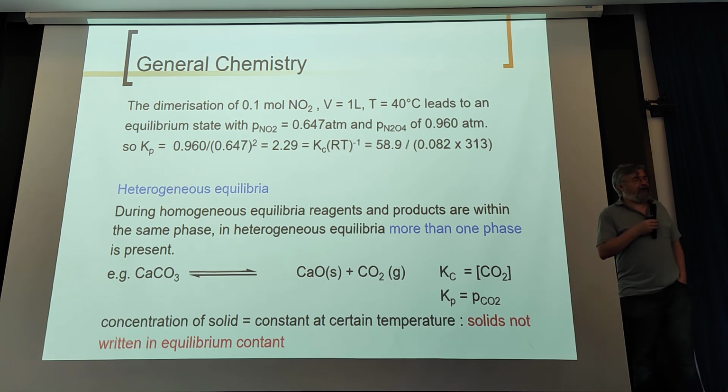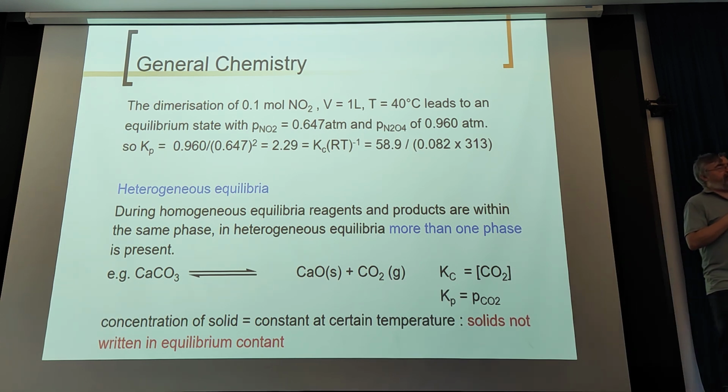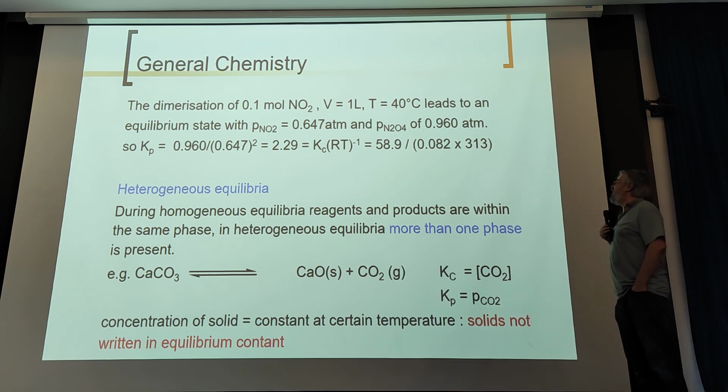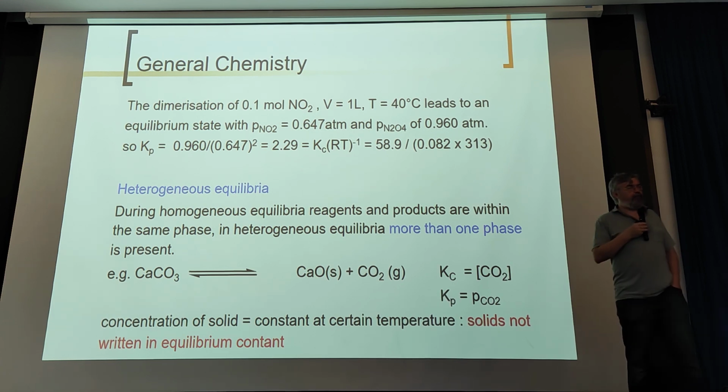But we could also have calculated that from Kc by dividing by RT, because you see that we actually are losing 1 mole of gas in the dimerization. So delta n is minus 1, so that means we divide by RT. So we divide by 0.082 and 313, that's 40 degrees Celsius. And then you also arrive at 2.29.